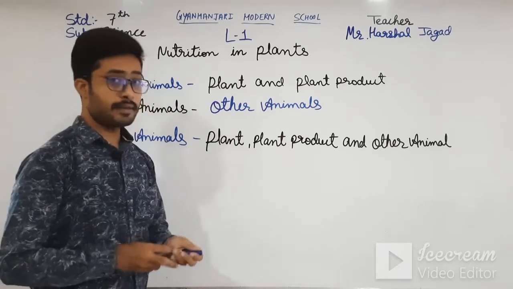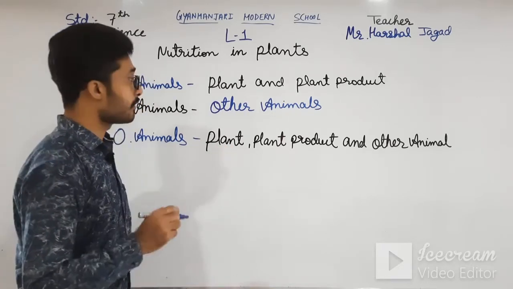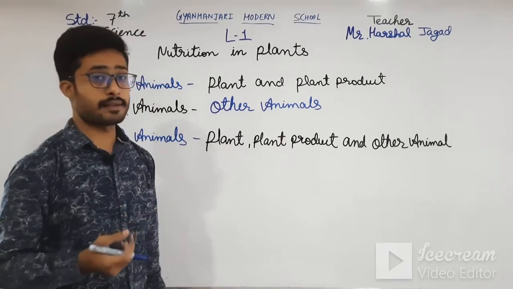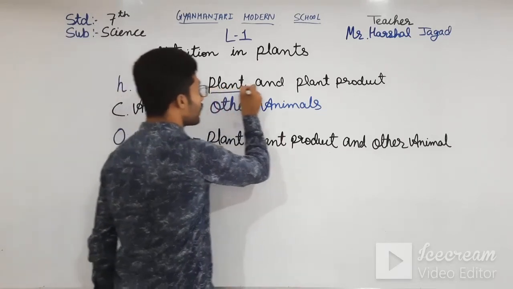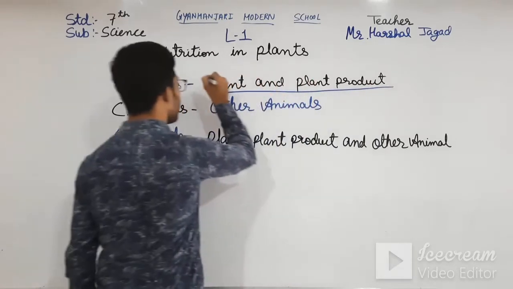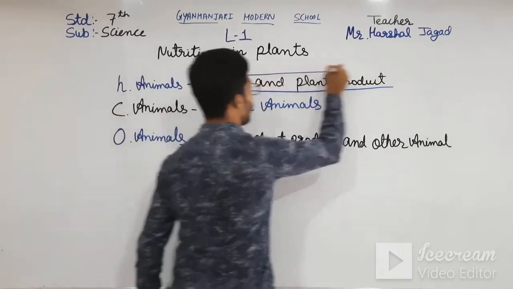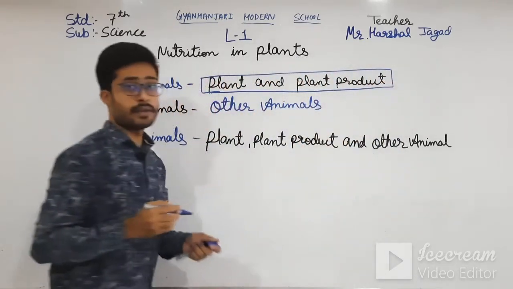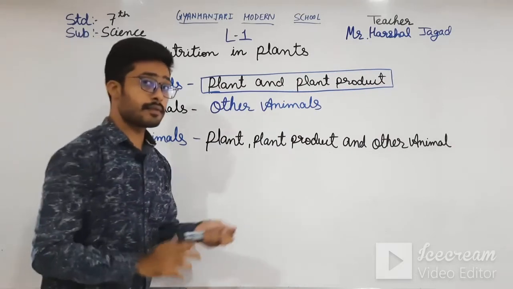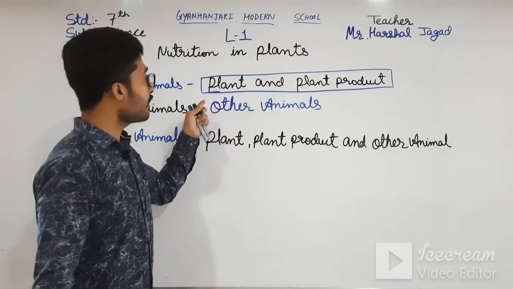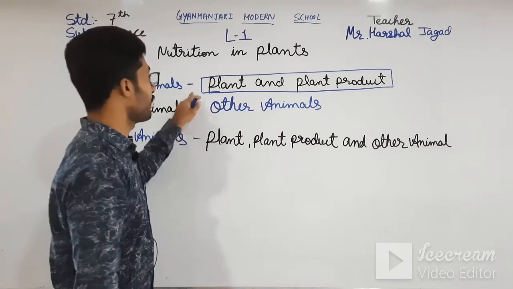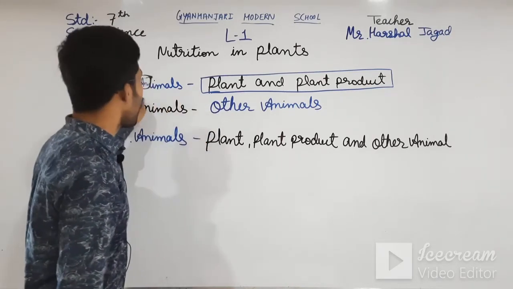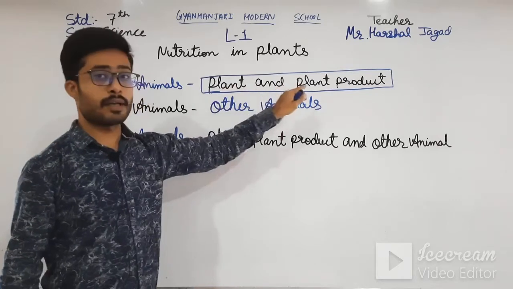So on this basis, where does this energy pass? First of all, the herbivorous animals eat plant and plant product. Okay students, so from where does the plant get energy or nutrition? See here, herbivorous animals eat plant and plant product.